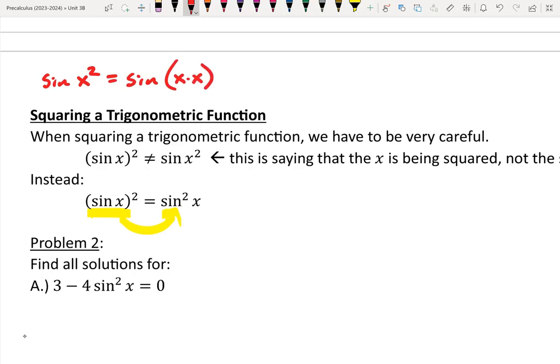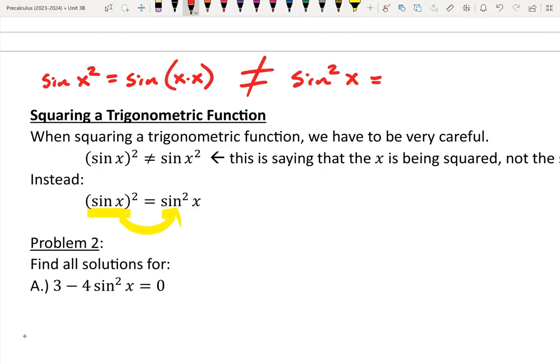The x is what's being squared, not the sine. And this is not equal to having the squared after the sine. So remember, what the square comes right after is what is being squared. Now, I would not write that as sine times sine of x. That would be an incorrect way of writing that.